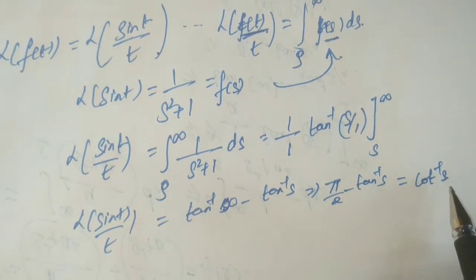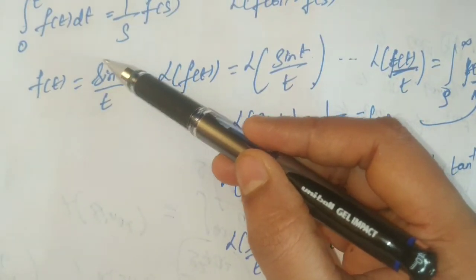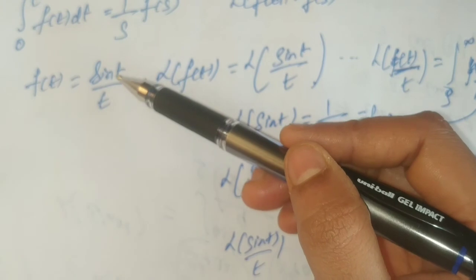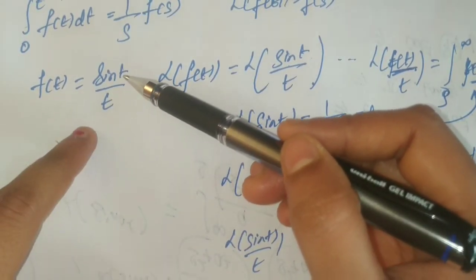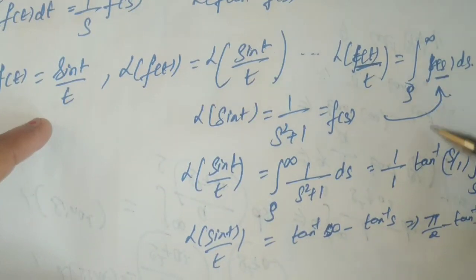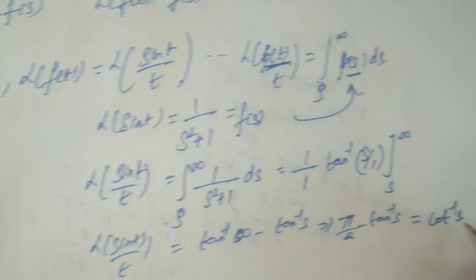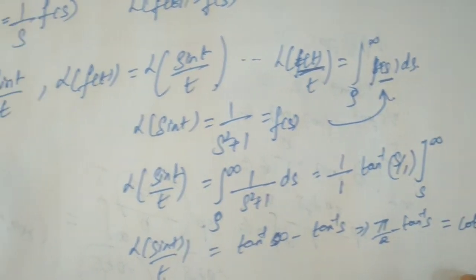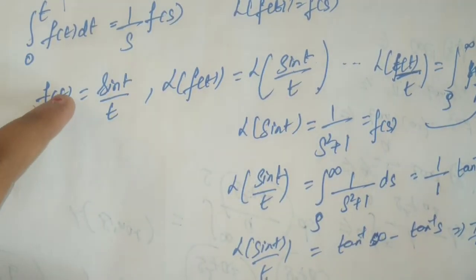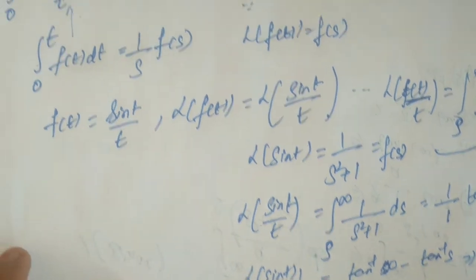Since it was of type 3, we used all this method to get the answer. This f of s is for the given question sin t by t.